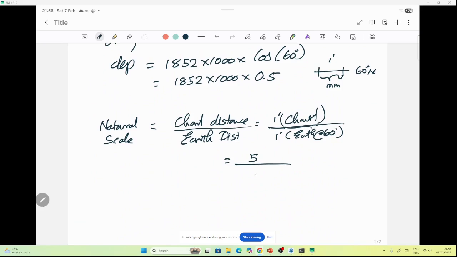And 1 minute of Earth at 60 degrees is how many? 1852 into 1000 into 0.5.